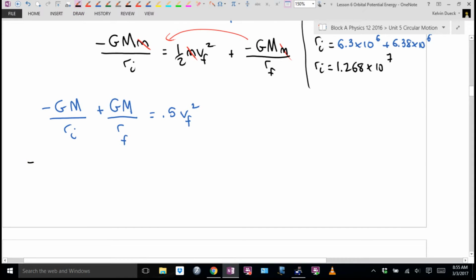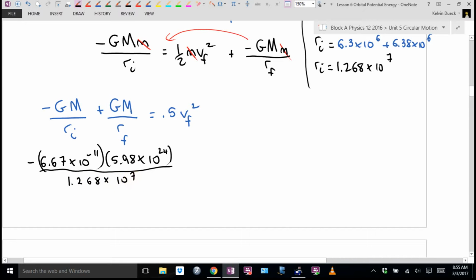Negative, what's big G? What's big M? Since we're on the Earth. What's R initial? 1.268 times 10 to the 7th. Plus, here's my first bit of advice. Do you notice that these two expressions are quite repetitive?